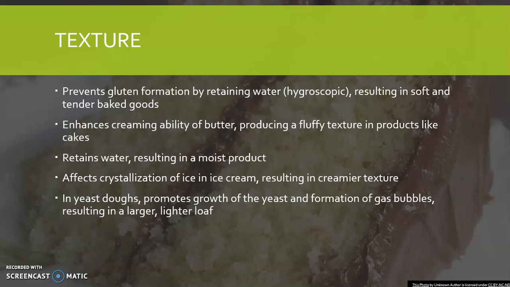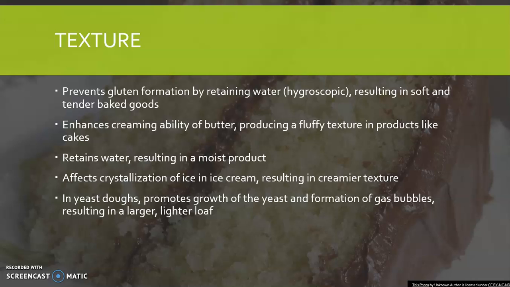So gluten, which is the structural network of flour, gluten forms when it interacts with water. But because sugar is holding the water, it prevents gluten formation, which means that it ends up with a softer and more tender texture for your baked goods that have sugar in them. So, like a cake, the sugar is one of the things that's keeping it really tender and crumbly.